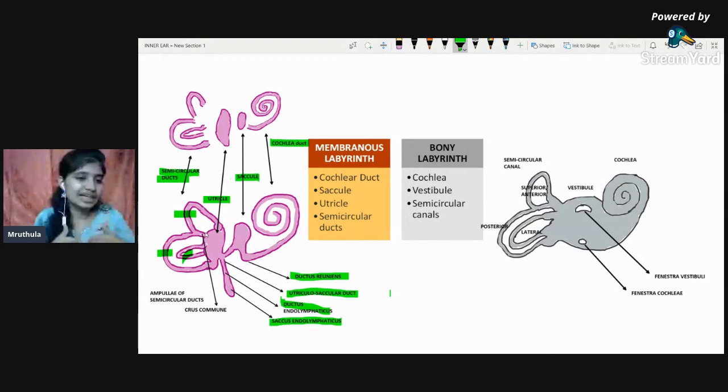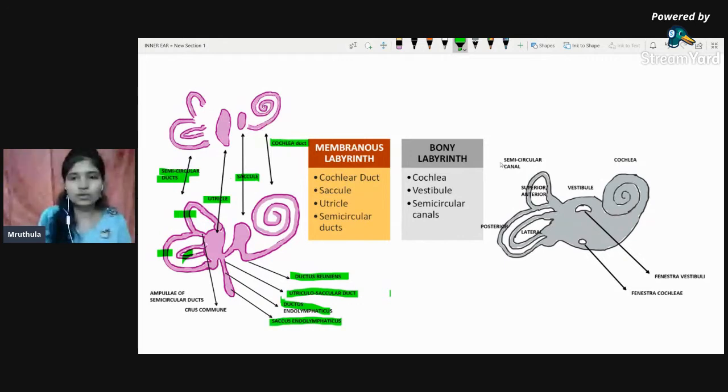Okay, that is by the structure crus commune. Okay, crus commune is the connection between or the fusion of the non-ampullated part of superior duct and the posterior duct. Okay, so that's crus commune. So there should be 6 openings, but there are actually only 5 openings. 3 ducts, 5 openings.